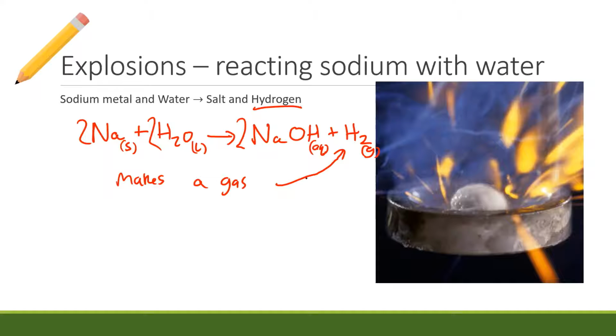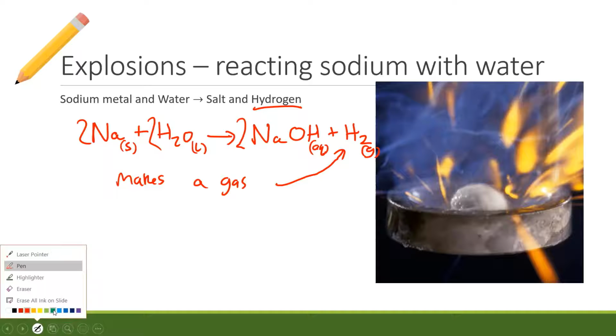So what I was trying to do was what was essentially a secondary explosion. You see, the thing about sodium with water, and they talk about this in the actual topic, is that you'll notice that you make a lot of hydrogen gas. Now, the thing about hydrogen gas is that it is flammable.